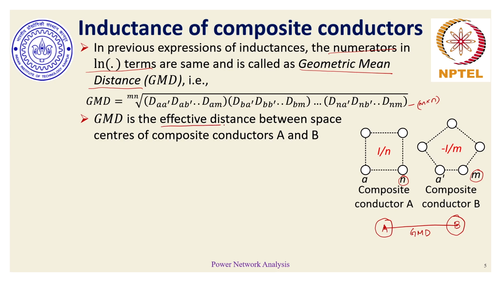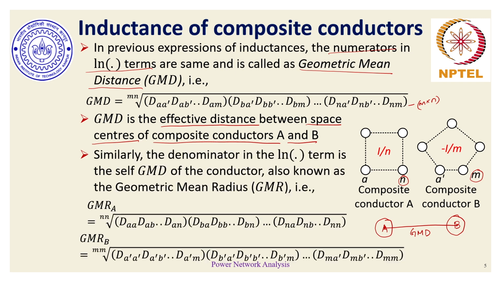GMD is the effective distance between the space centers of composite conductors A and B. If we could figure out analogous conductors which can replace composite conductors A and B respectively, then GMD is the center to center distance.